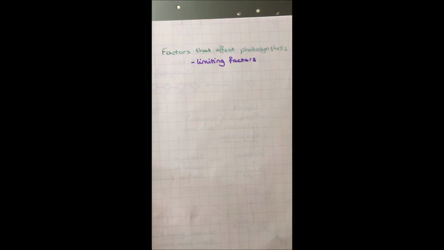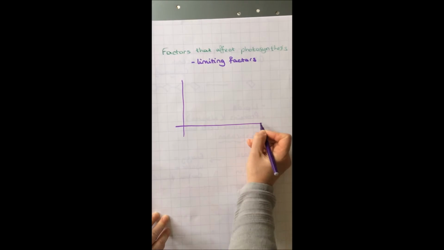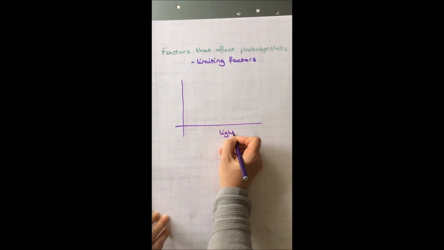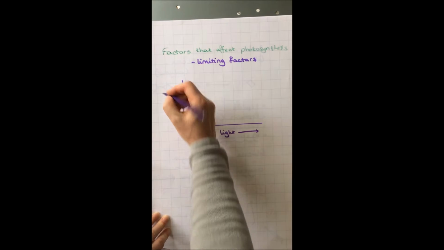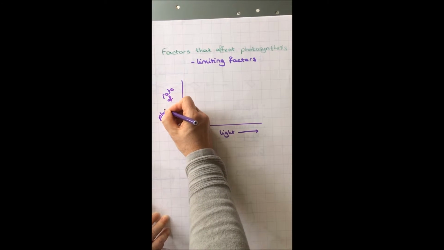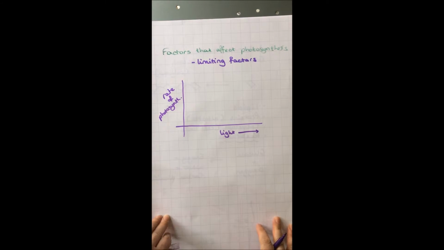So we can draw that on a graph, and this is how they might give it to you in your exam. You've got your graph, and let's say we were doing light. You have light increasing along the x-axis, and the rate of photosynthesis on the y-axis.